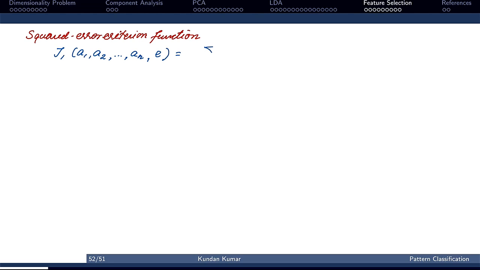So what was that? Here we have to compute the squared error, x minus xk. Already we have seen this expression, but we have to put the value of x as the equation of the line.